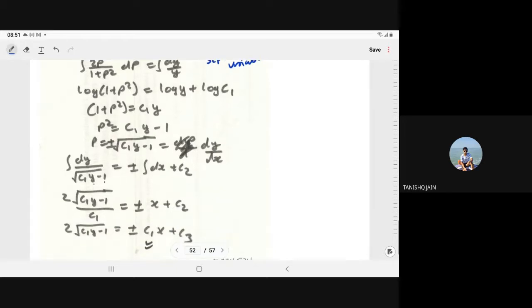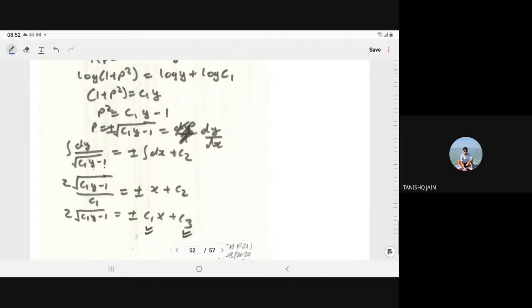So that can be written as p square is equal to c1y minus 1, or p is equal to plus minus root of c1y minus 1. And what is p? P is dy by dx. So dy by dx will become plus minus root of c1y minus 1. Now again you separate the variables: dy upon root of c1y minus 1 is equal to plus minus dx.